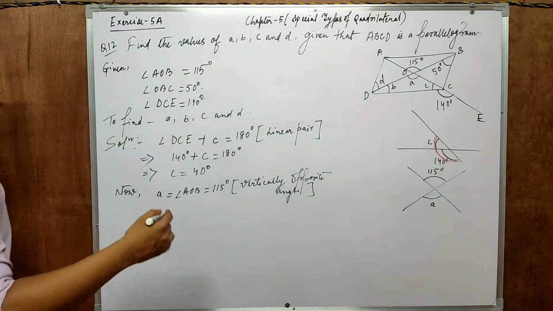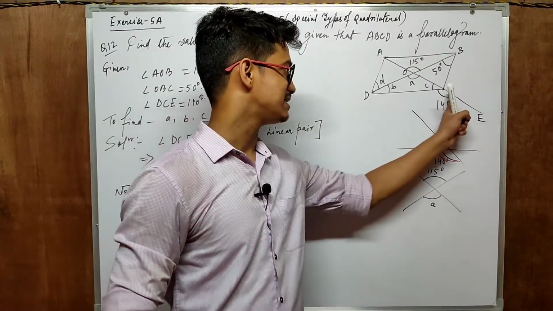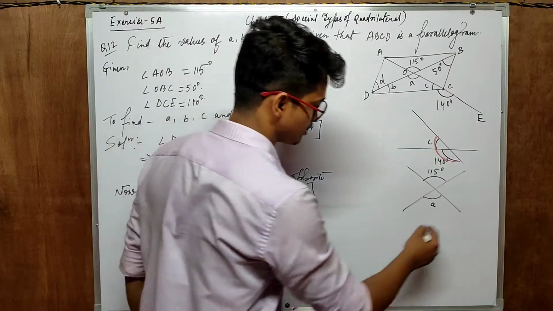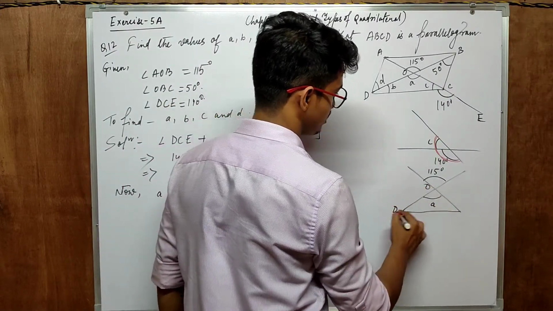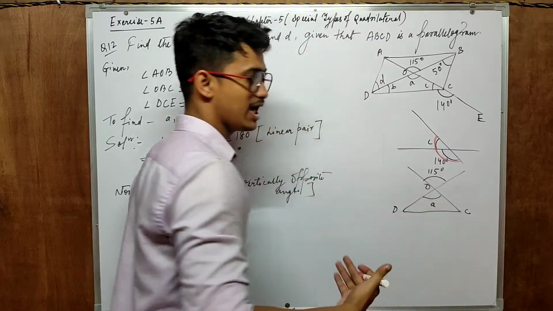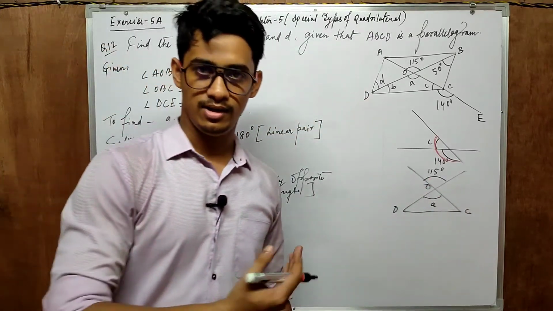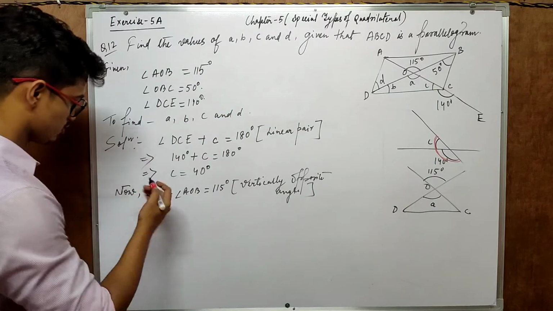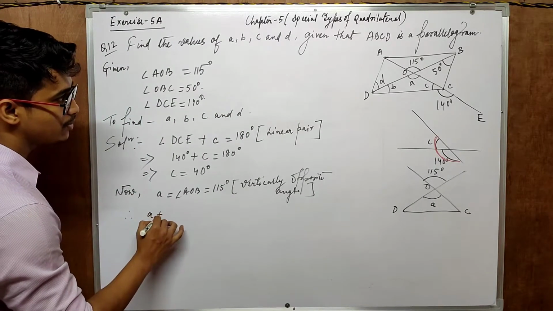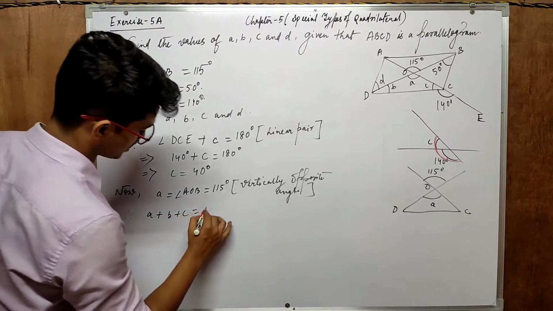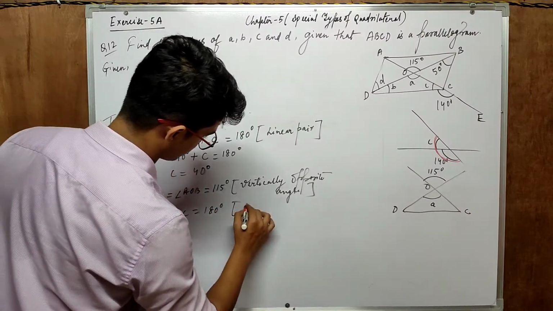Done. Then you just see this ODC, these are forming one triangle, and we know that the interior angle sum of a triangle is 180 degrees. So therefore A plus B plus C equals 180 degrees, by the angle sum property.